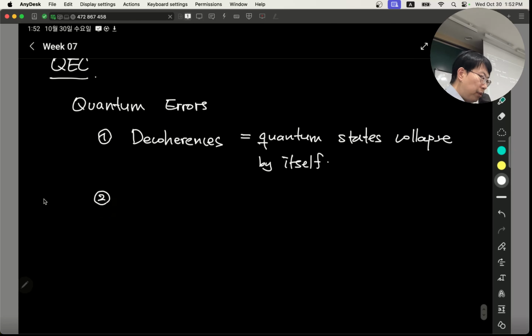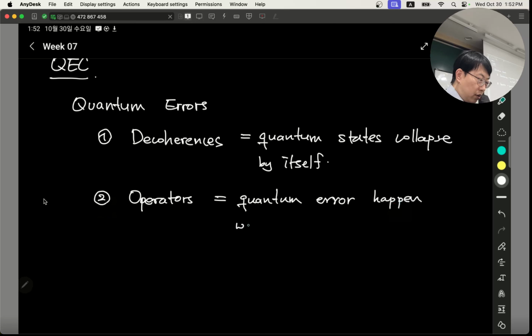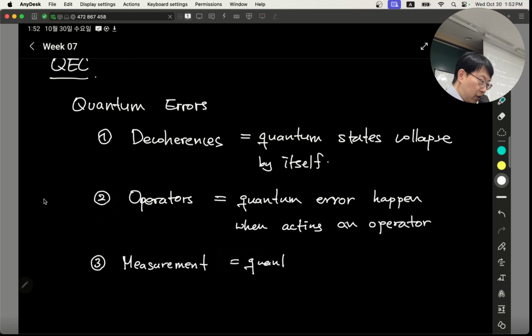And quantum error happens when you apply the quantum operators, when acting on an operator, and it can happen at the measurement stage, when measuring qubits.